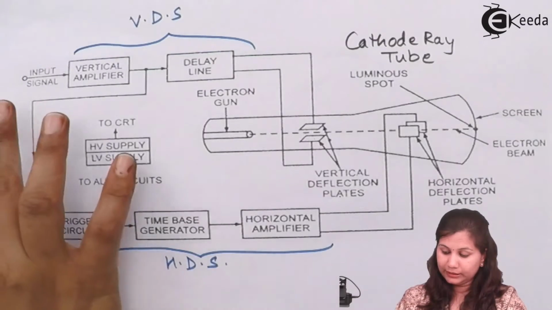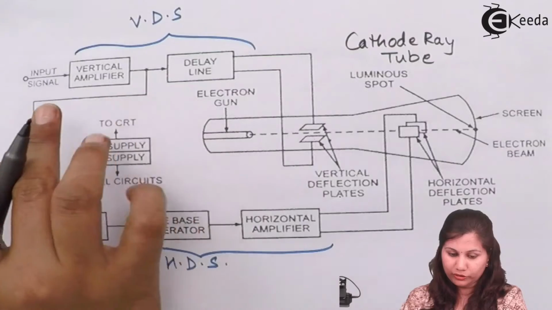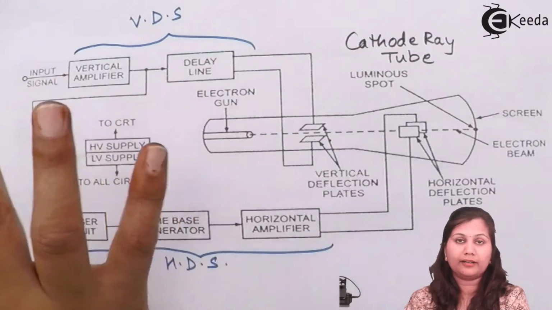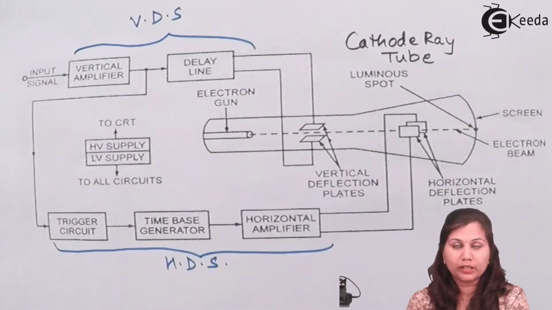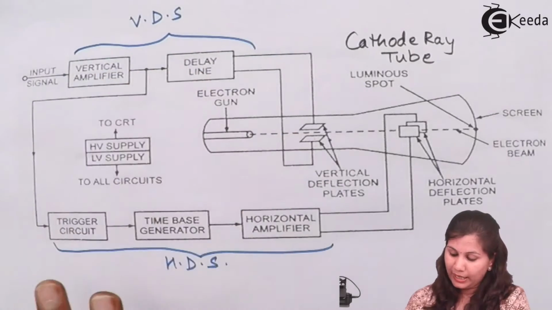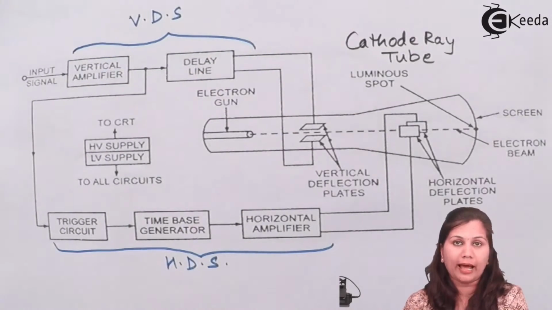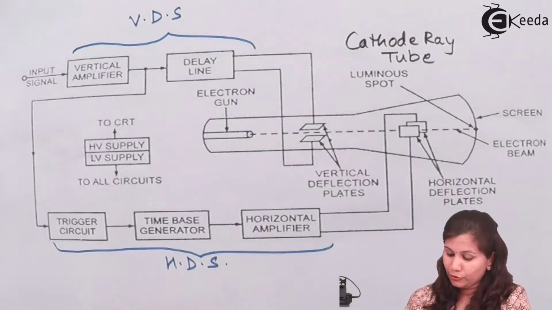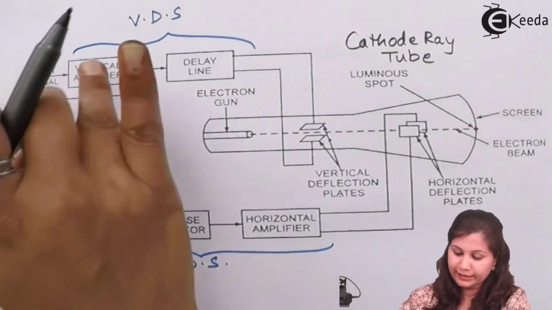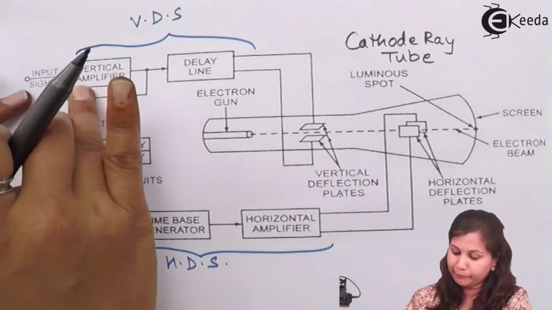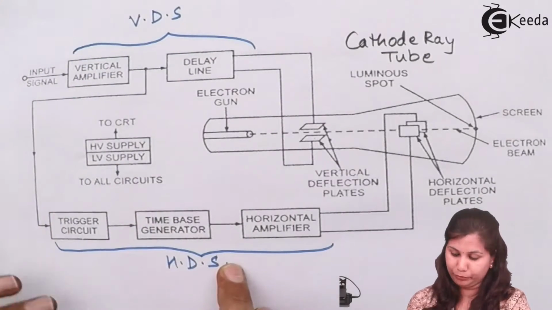You know that the vertical input is our signal which we want to observe, or it is our input signal, and the horizontal input is an internally generated ramp voltage. Okay, so this triggering circuit is a link between these two, vertical input and the horizontal input.